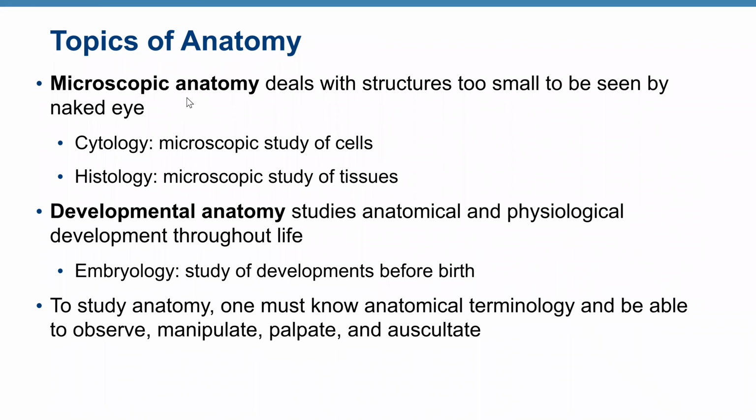Another topic of anatomy includes microscopic anatomy that deals with structures too small to be seen by the naked eye. Microscopic anatomy includes cytology, the microscopic study of cells. Cyto means cell and ology means study.